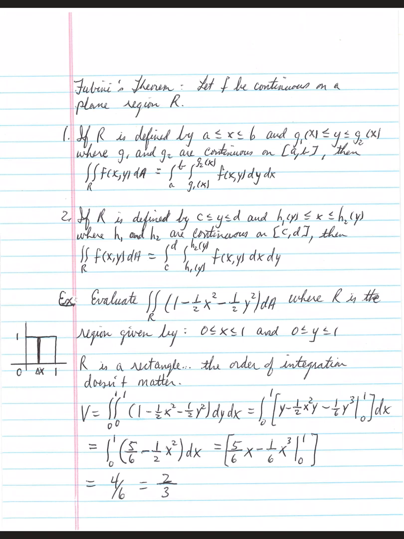Then our dA differential can be ordered as dy dx, dx on the outside, so you integrate a to b on the outside. Then our lower and upper limit for y will be g sub 1 of x, g sub 2 of x, and we integrate our function of two variables over this one first and then that one second.